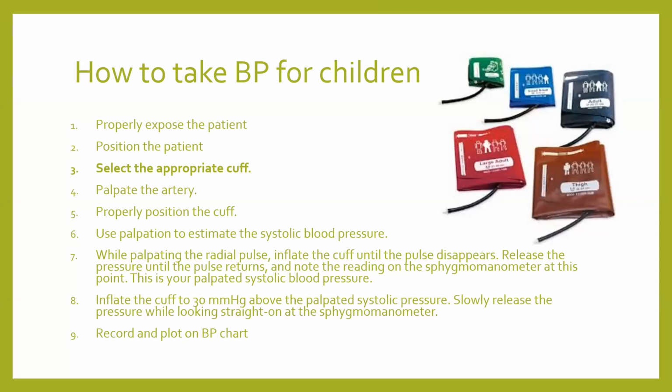Before we take the blood pressure, we palpate the artery first, the brachial artery, then properly position the cuff about 2 inches above the antecubital fossa, and use palpation to estimate the systolic blood pressure.